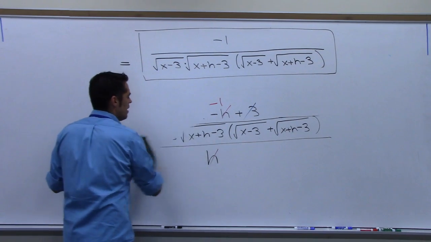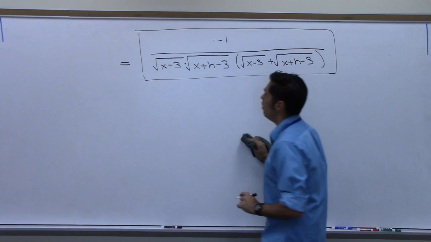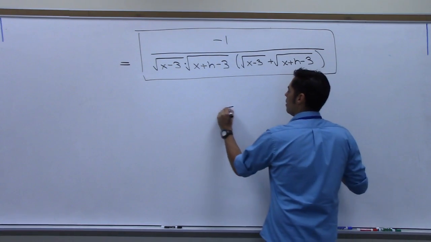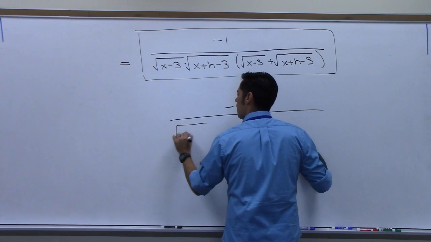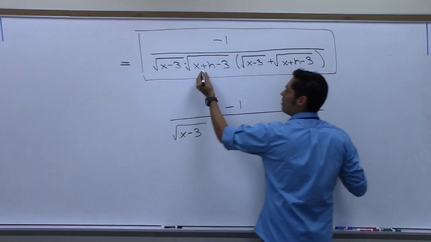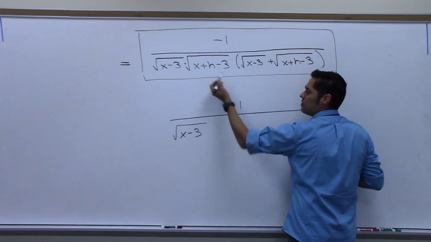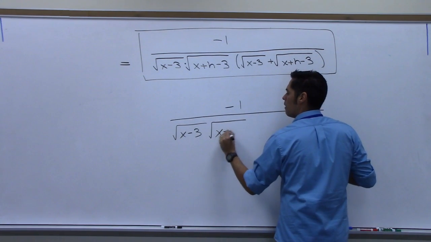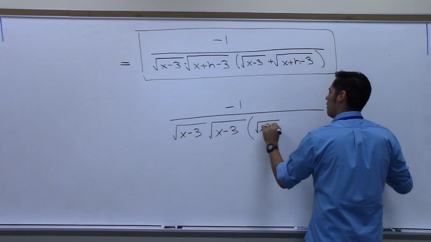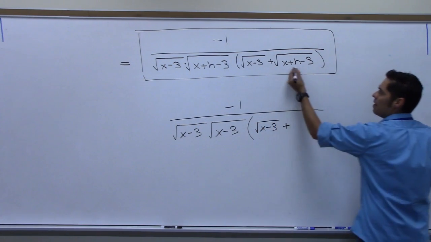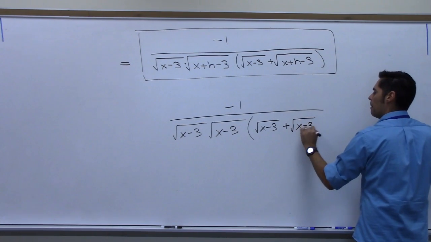Okay. So in Cal 1, what you'll do is you'll say, now let h go to 0. What would happen if h goes to 0? The numerator would stay the same. This would become root x minus 3. Look at this right here. If that h goes to 0, don't I get another root x minus 3? Then times, in parentheses, root x minus 3 plus, and then right here, if that h goes to 0, I get another root x minus 3.